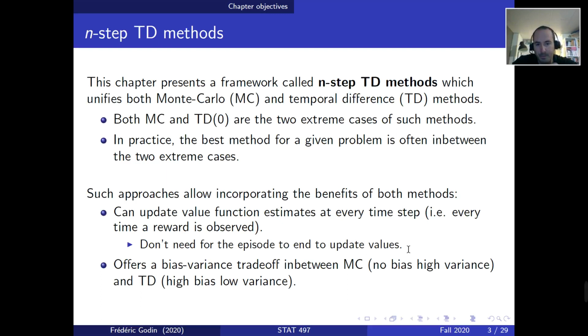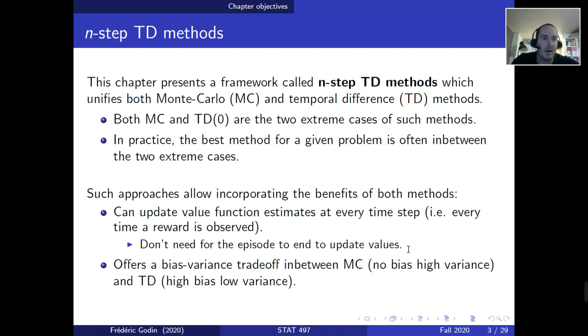We're going to see that the approach introduced in this chapter can benefit from advantages of both methods. The first advantage is that, contrary to Monte Carlo methods, you can still have an update on every time step.